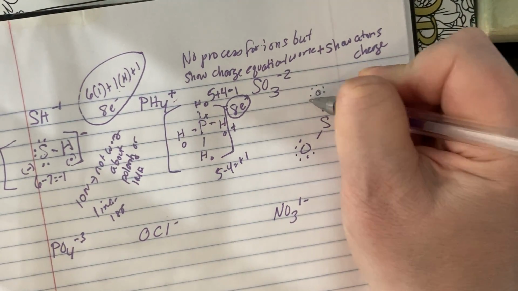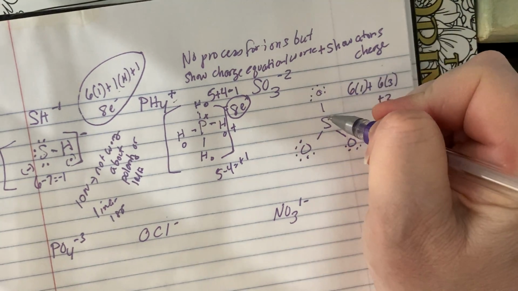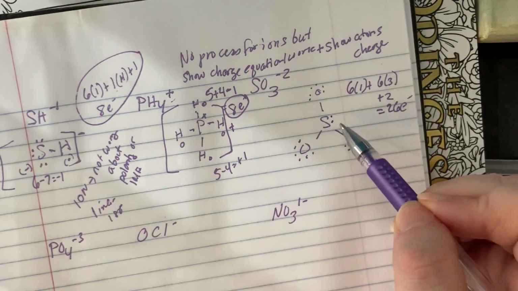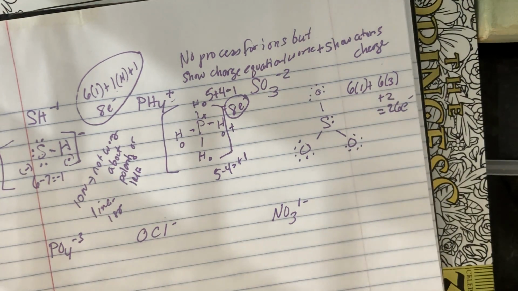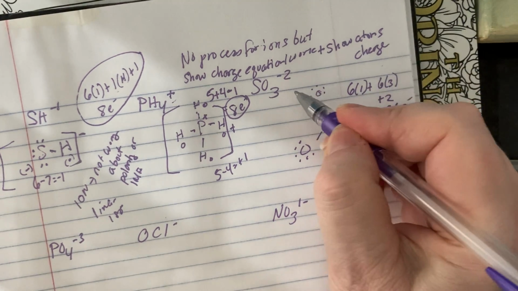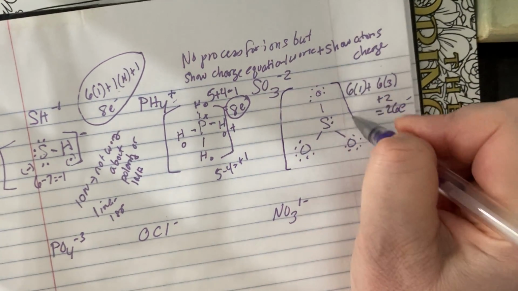So I'm going to single bond everybody, okay, and make everybody happy, and then I'm going to count 8, 16, 24, 25, 26. Okay, and so my number of electrons match what it should be, so I'm going to bracket.